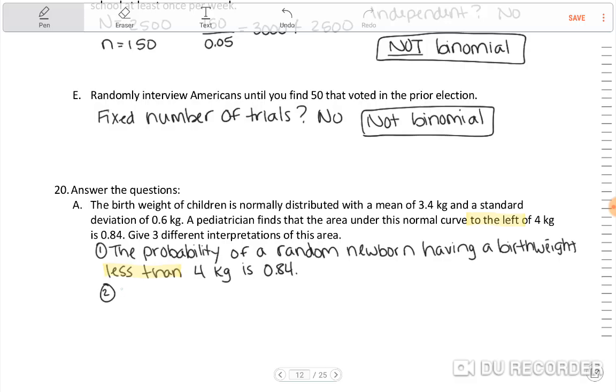The next one we can give in terms of proportions.